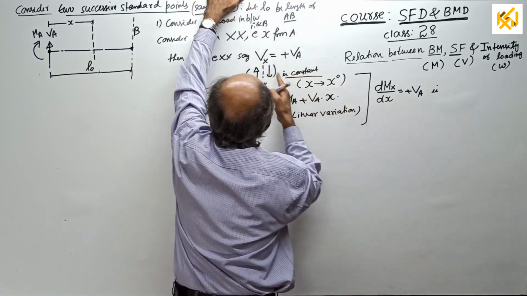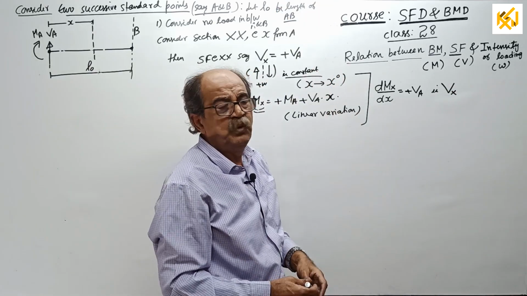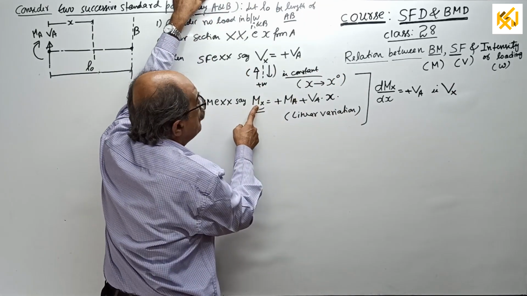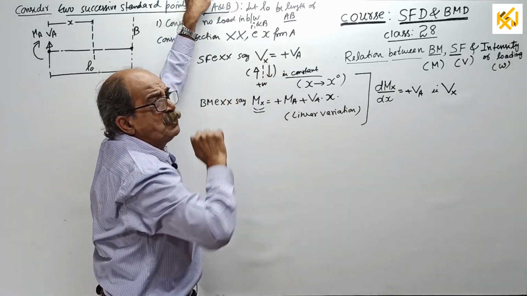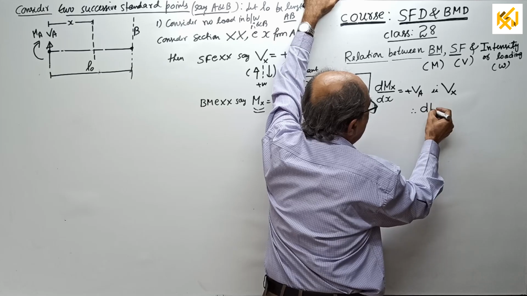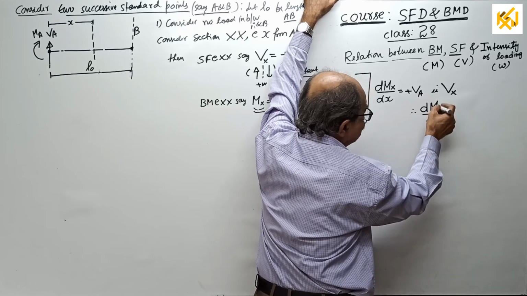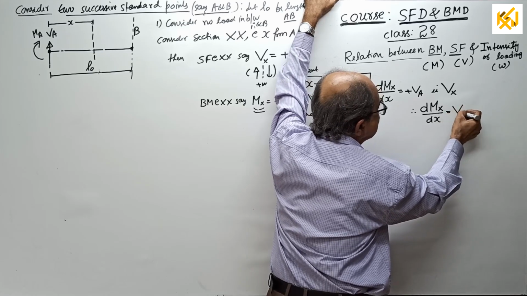That is nothing but shearing force at x. Therefore, differentiation of bending moment gave you the shear force at the section. Therefore, you can write differentiation of Mx, dMx by dx, is Vx.